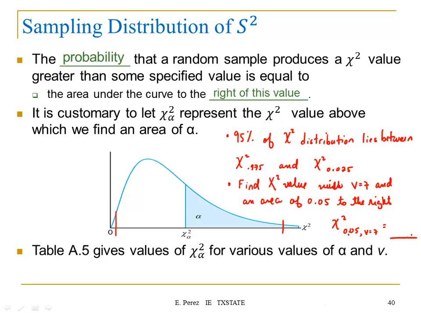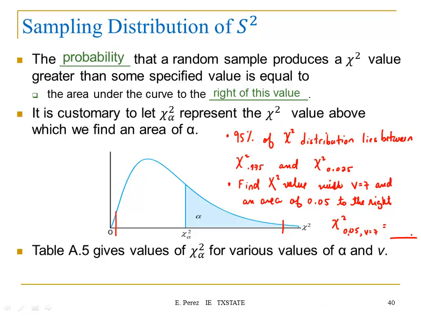If you go to the table, you will notice that the table is going to give you the values from right to left, from here to there. You're going to have two tables for the chi-square distribution. This is page 2 of your document. On the top, the first row, you're going to have the values for alpha.